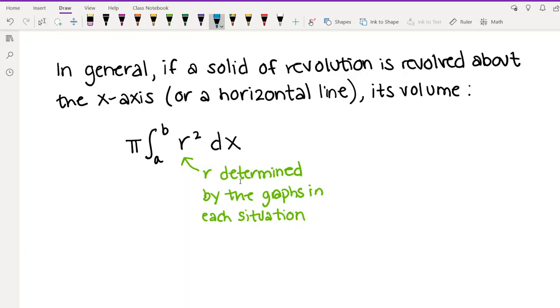And then the bounds are basically going to be the x value of the first slice is the lower bound, and then the top bound is the x value of the last slice. So just like the example we saw above.